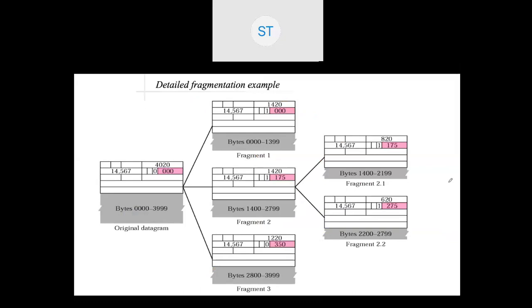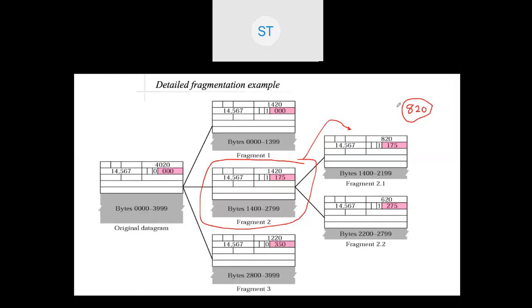Now on this screen what you can see is the second datagram is further fragmented, which is having the MTU of 820. And this size is 1420.